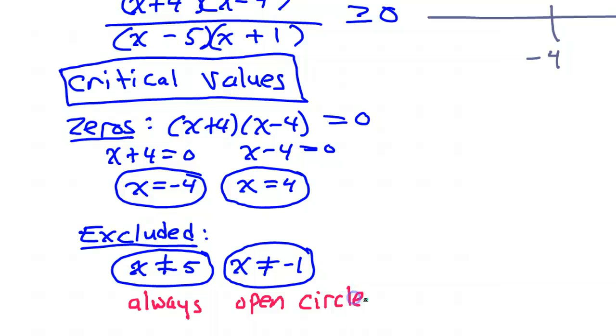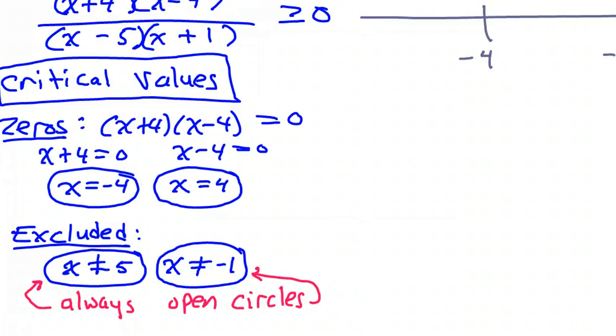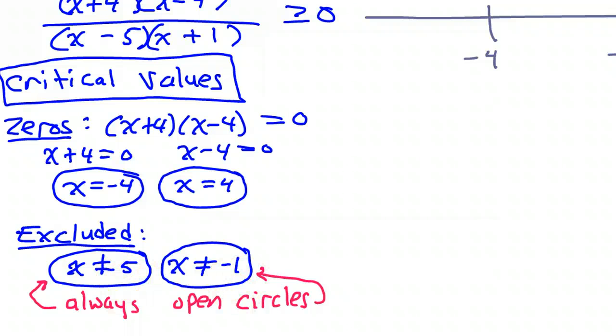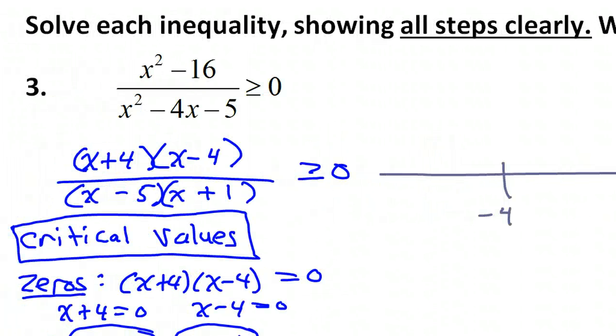Okay, of course they are, they're excluded. Open circles, that's what we use to show that things are not included. So open circles at 5 and -1. So there'll be an open circle here and an open circle there, because those are just straight up excluded values.